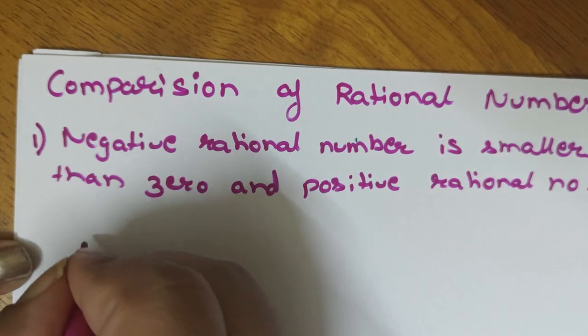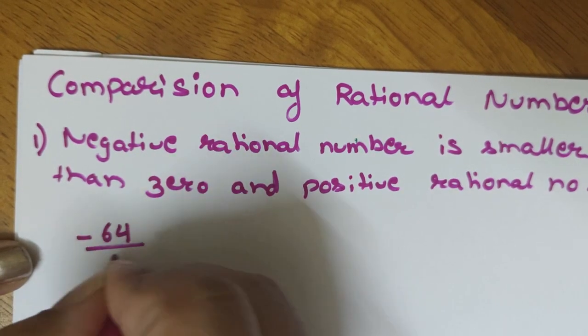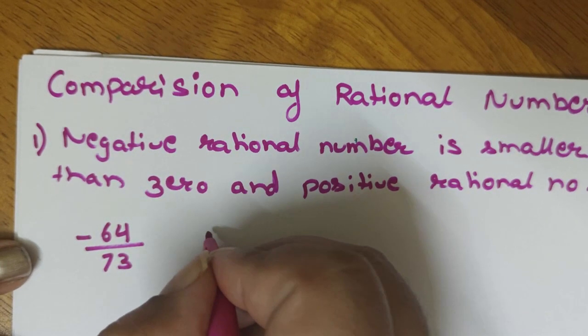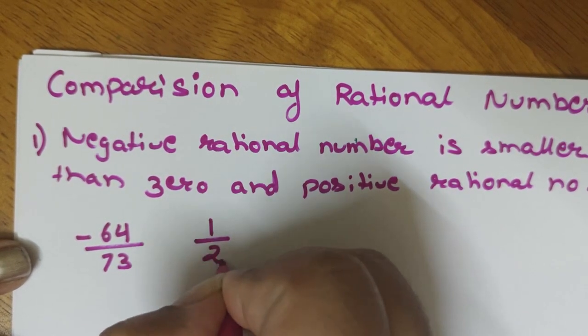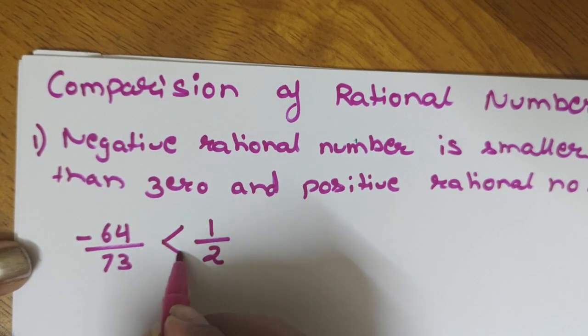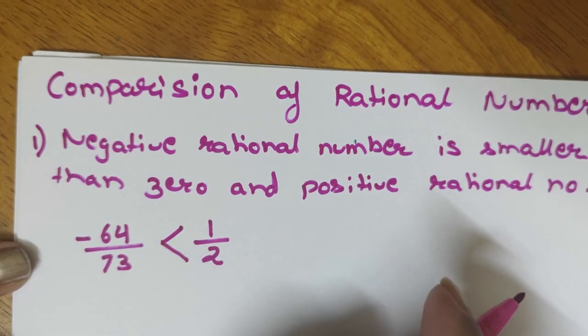Okay, so if I have a number minus 64 by 73 and another number, say 1 by 2, we can directly say that this number is smaller than 1 by 2 just because it is a negative number.